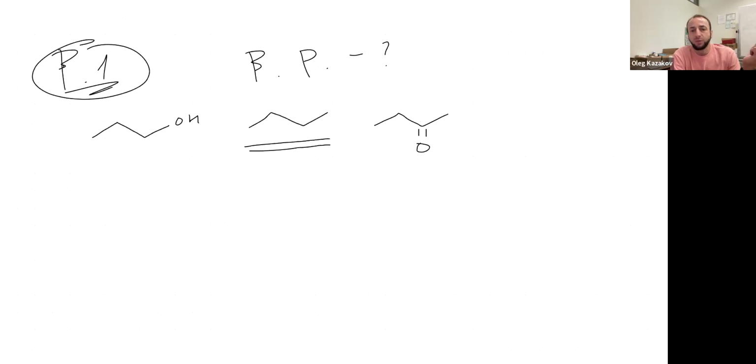And then once we think about what kind of IMFs exist in this case, we will think about dispersion forces. Dispersion forces are pretty weak, so most likely that's going to be our lowest boiling point. Lowest boiling point will be ascribed to the alkane in this sequence of chemicals, right?